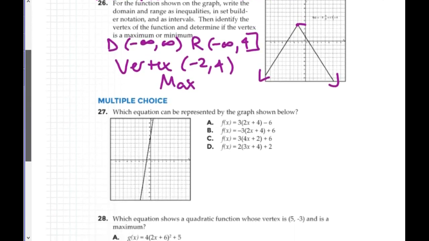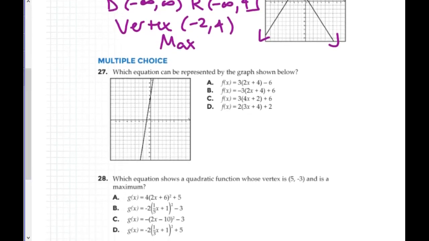Cool. Multiple choice. Yay. Which equation can be represented by the graph? Alright, what is this slope? It should be positive. Can't be negative like that.